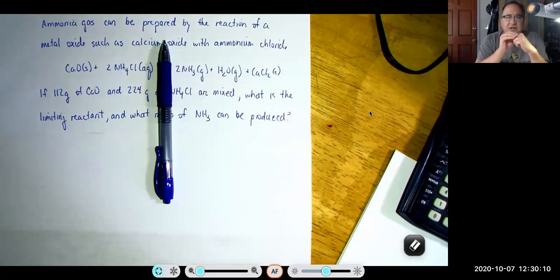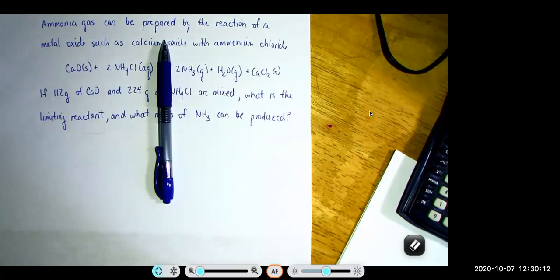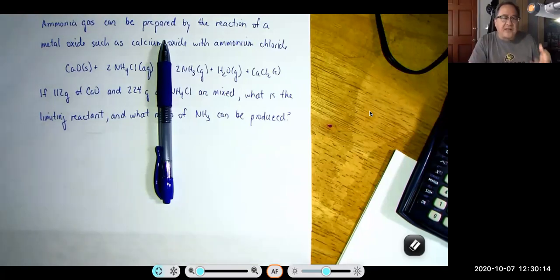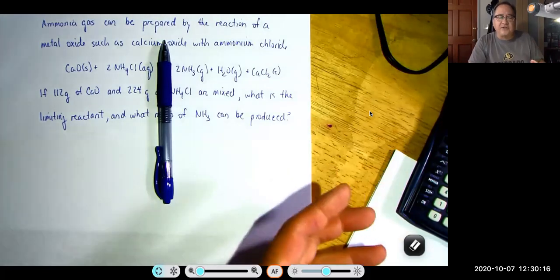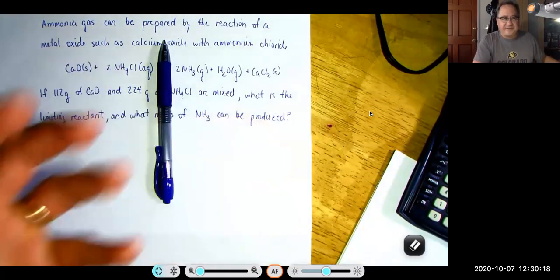So in this case, we would say the frames are the limiting reactant and the wheels are in excess.